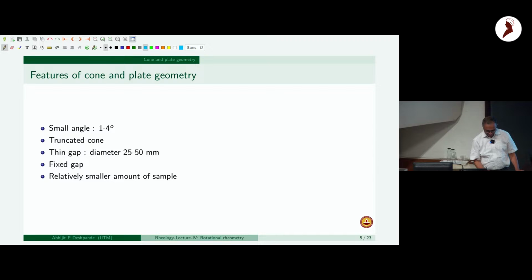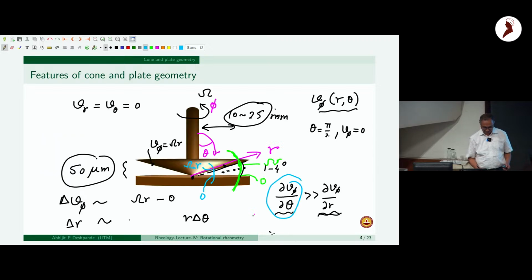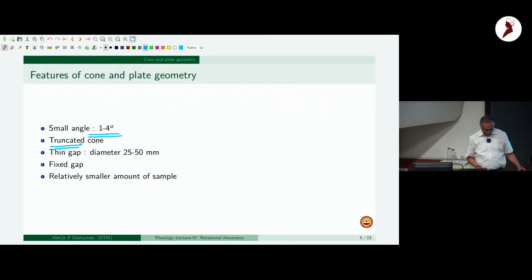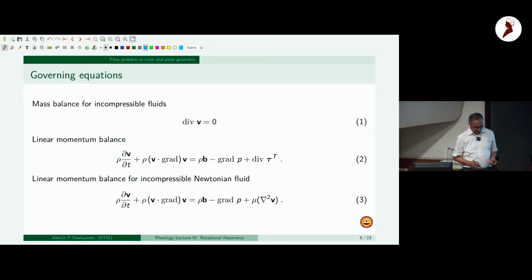So in summary, basically, small angle. There is a truncation at the bottom, which is largely an experimental effect. Then you have diameters which are an order of magnitude large compared to the fixed gap, which is 3 orders of magnitude lower. And compared to other geometries, it's a relatively smaller amount of sample.